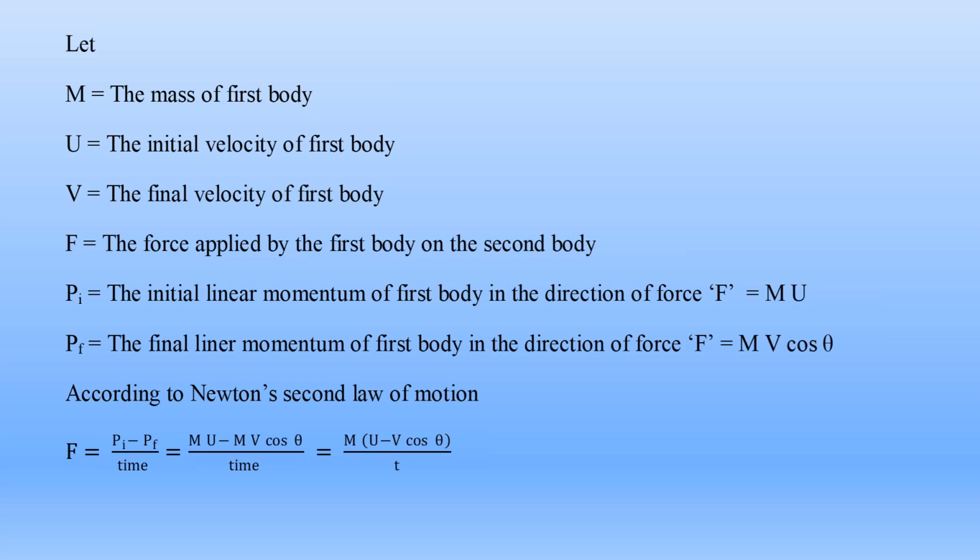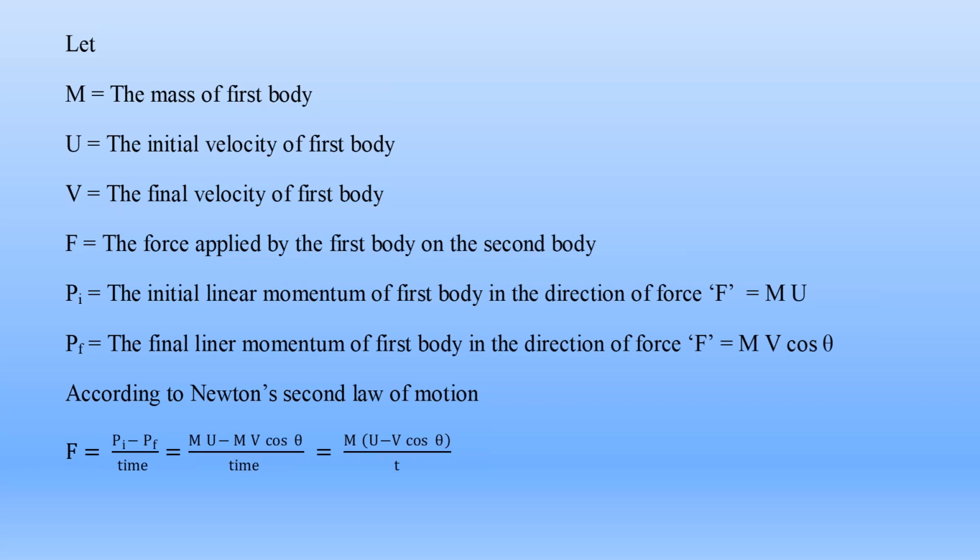So remember, whenever we are using Newton's second law, force F is equal to the initial linear momentum in the direction of force F minus the final linear momentum in the direction of force F, divided by time t. That is the equation of Newton's second law.